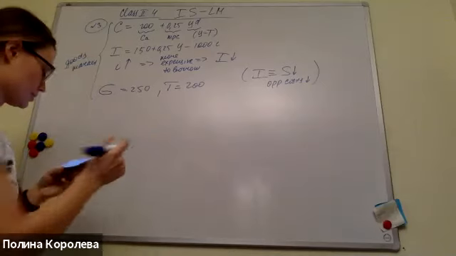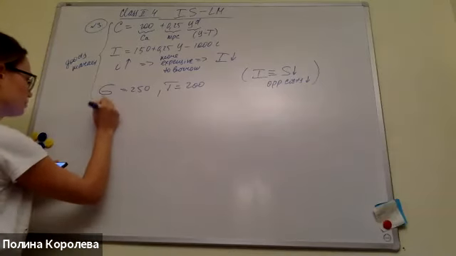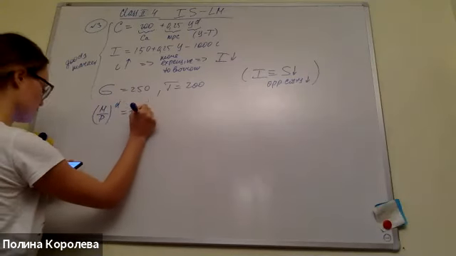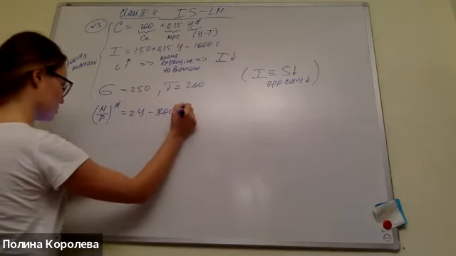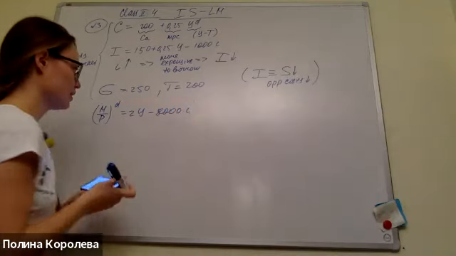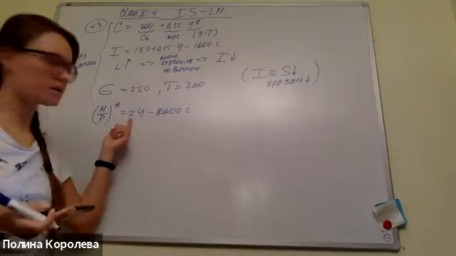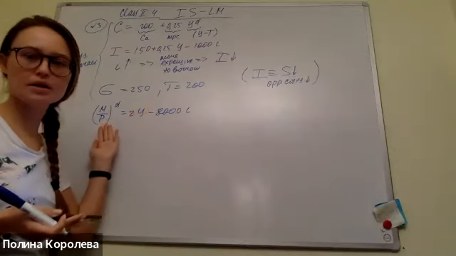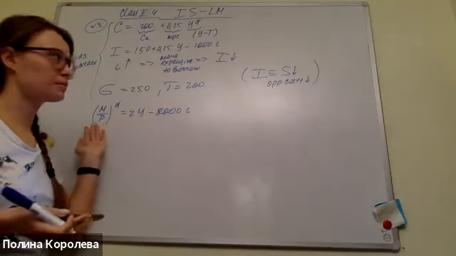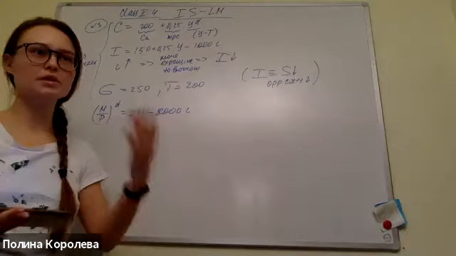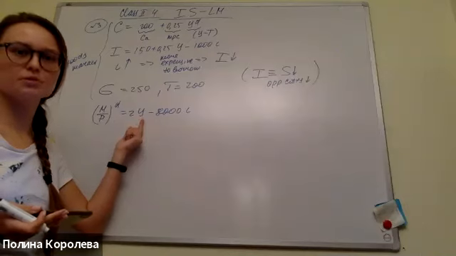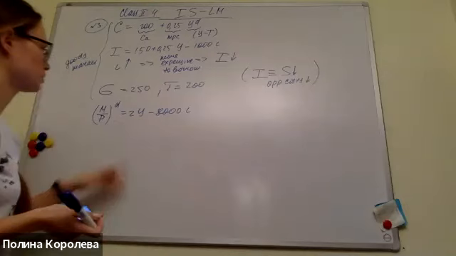Then we also have information about the money market. We have real money demand: Y minus 8,000 multiplied by i. You remember that the higher the aggregate output, the higher the demand for money, because we need more money for transactions to work with this higher output.